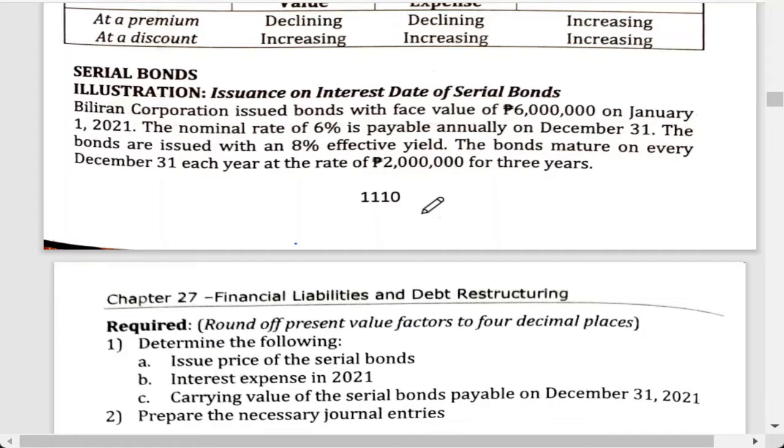So, 6 million semi-annual for 3 years, so 3 years times 2, that is 6 periods. So, 6 million divided by 6 periods, tag 1 million siya kada semi-annual. So, depende yun siya kung unsay lahang agreement as to the payment.